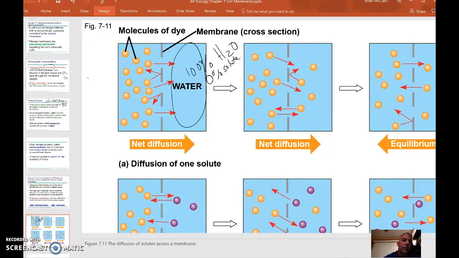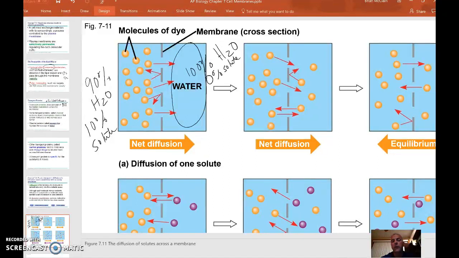So we'll make it simple. We'll say this side has 90% water and 10% solute. So the concentration gradient exists because we have more solute on the left than we do on the right.